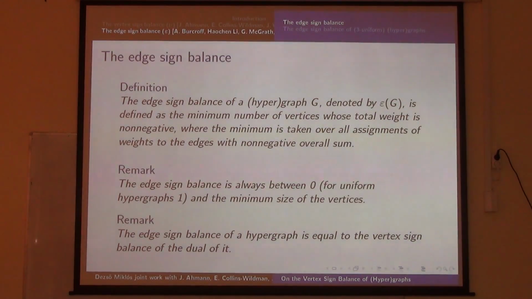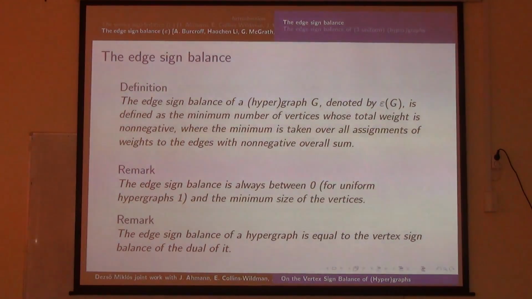And clearly, like the minimum degree was an upper bound, in this case the minimum size of the edges is the upper bound on the edge sign balance. Again, what you can do is you choose a minimum edge, assign a big positive number to it, and all the others get a negative number.